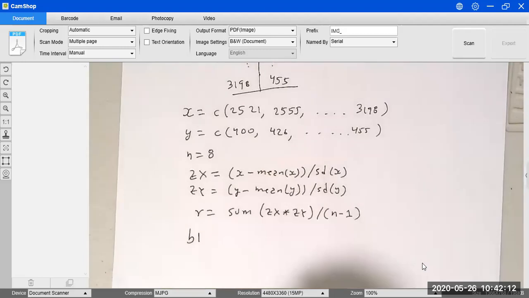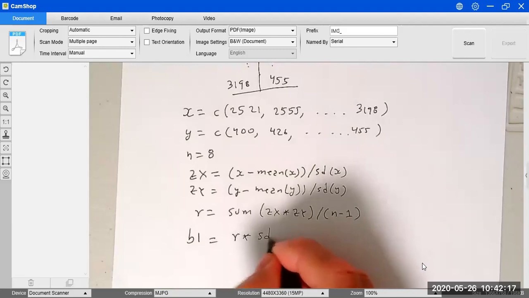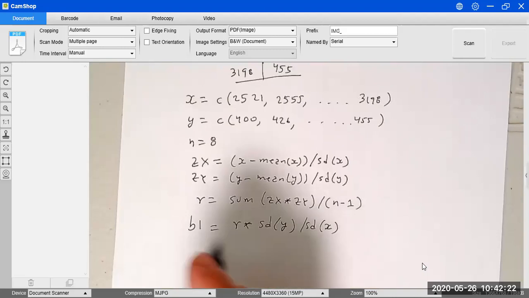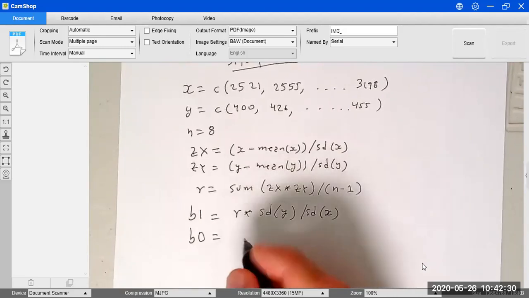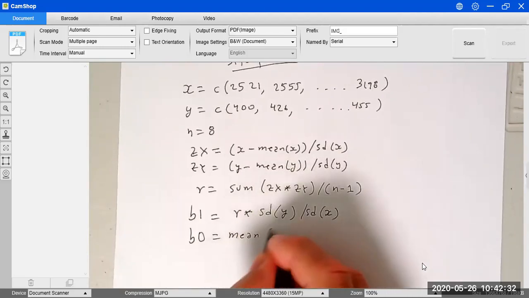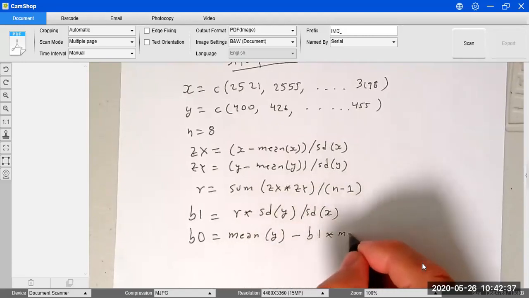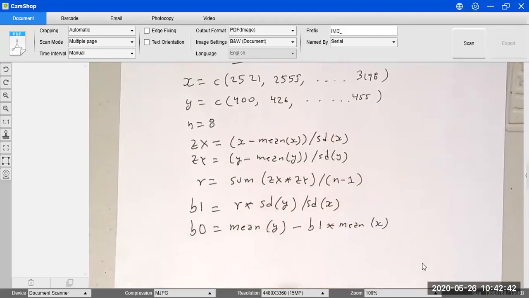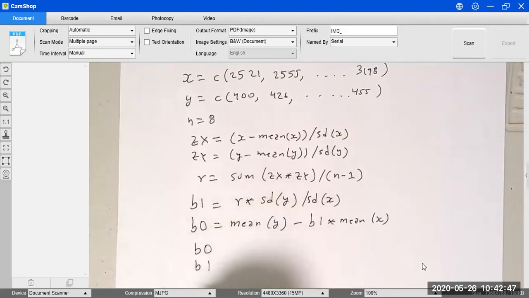The slope v1 is going to be R times the standard deviation of y divided by the standard deviation of x, and the y-intercept v0 is going to be the mean of y minus v1 times the mean of x. Then you call these values. You just enter v0, enter v1, and you get the value.